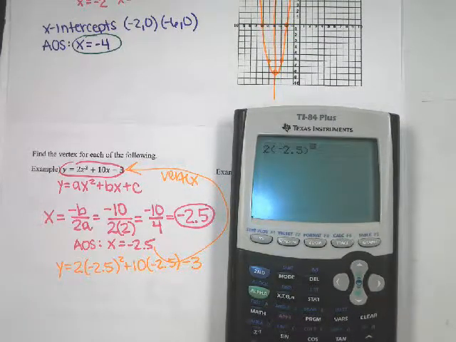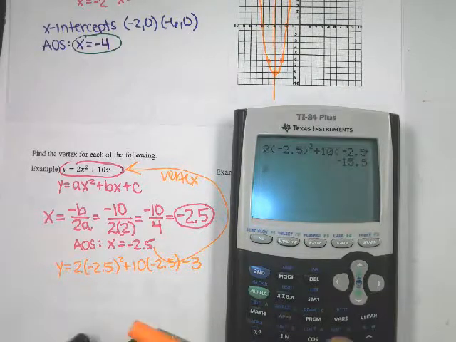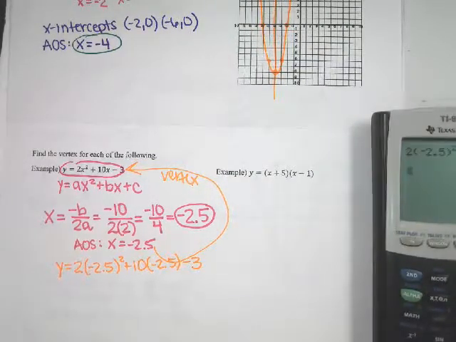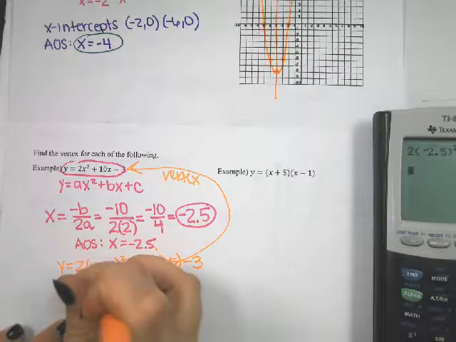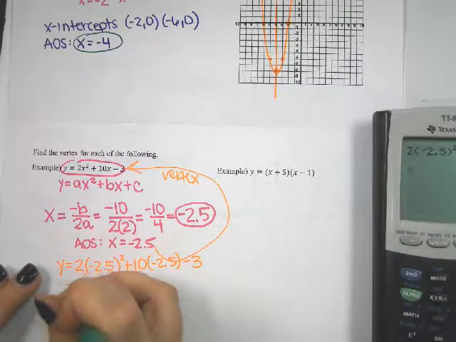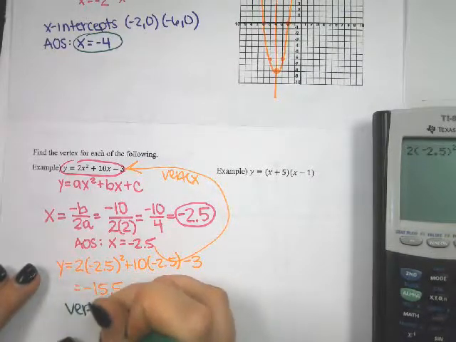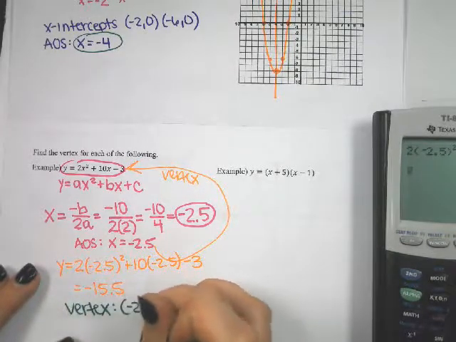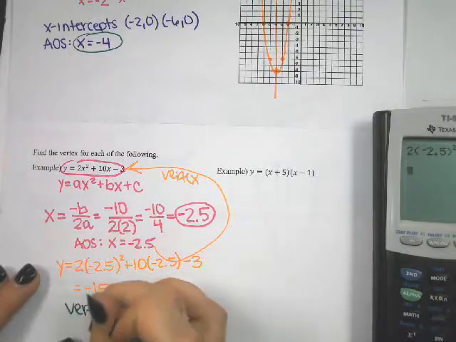Negative 2.5 squared plus 10 times negative 2.5 minus 3. Ta-da! I get negative 15.5. So it wanted us to find the vertex, and that is at negative 2.5 and negative 15.5.